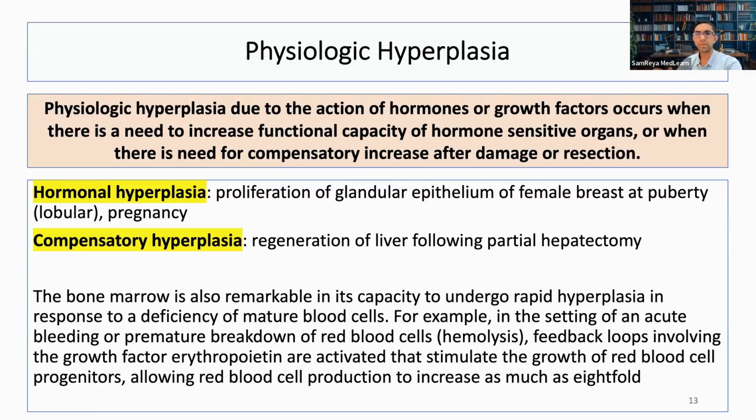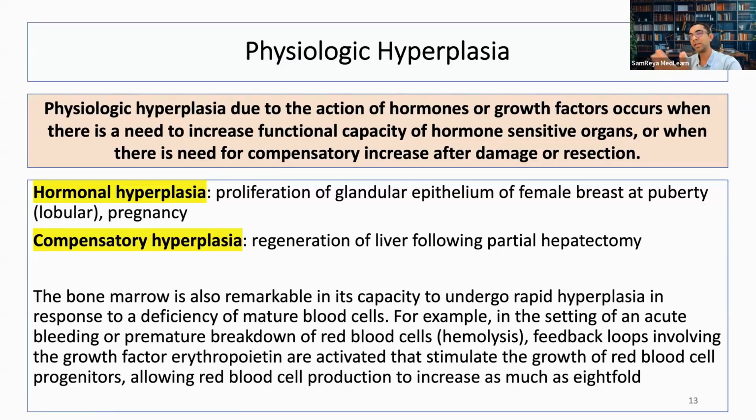That can happen in many situations to produce more cells. If certain cells are lost or die in the blood, the bone marrow is the production house which compensates and replaces all those cells. In some diseases where RBCs are breaking down, or hemolysis is happening, the bone marrow can undergo more cell division and make more cells.